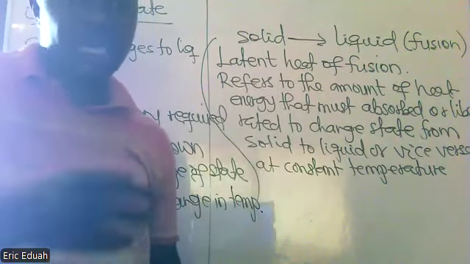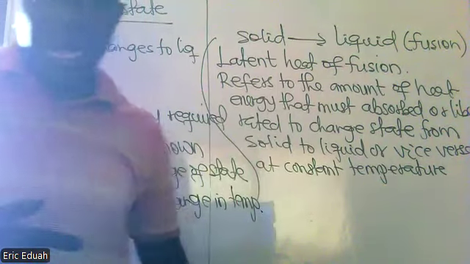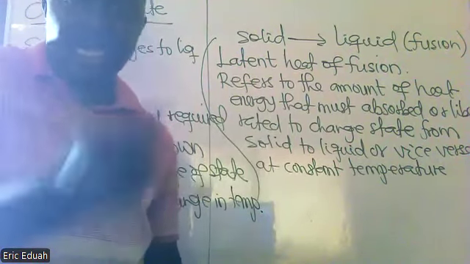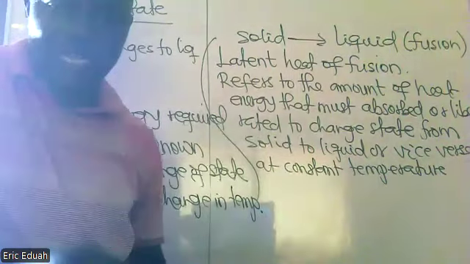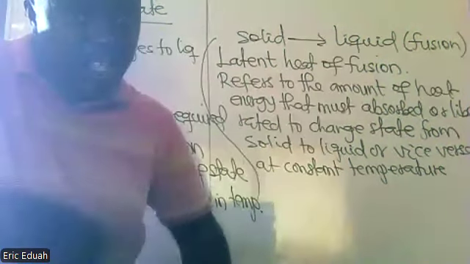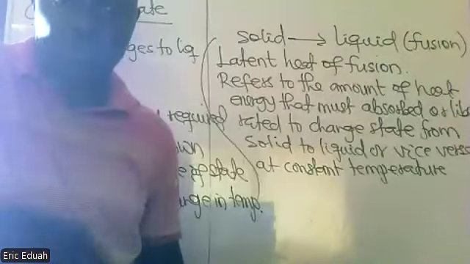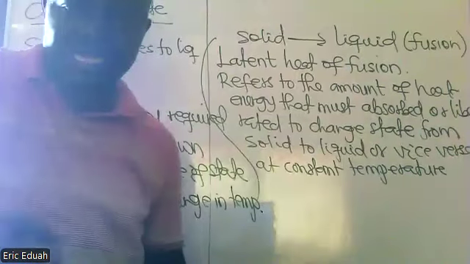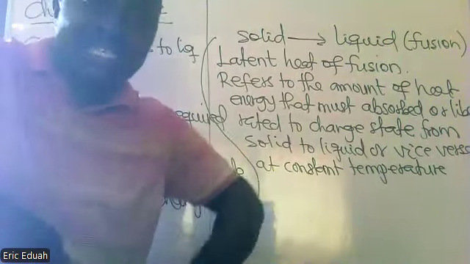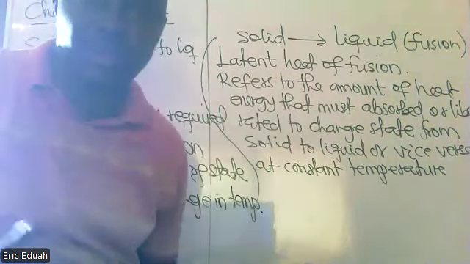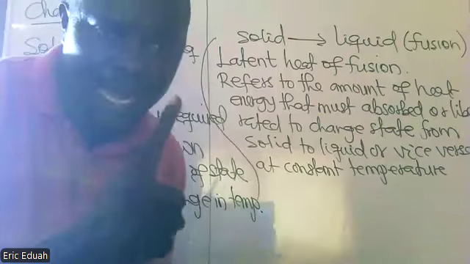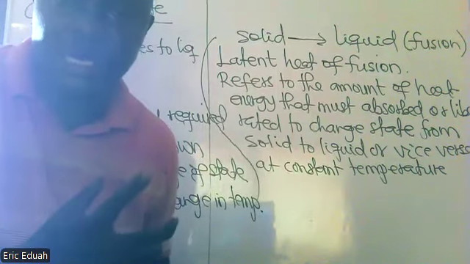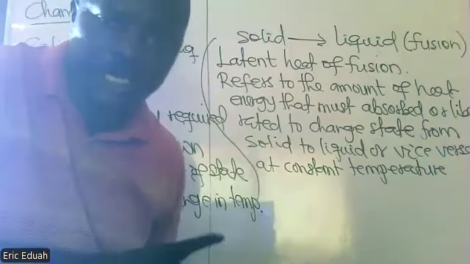Different materials require different amounts of heat energy to raise their temperature. Here too, different solids will require different amounts of heat to change state from solid to liquid. And so we don't look at the general mass of material, but we look at 1 kilogram mass of a material, and then the quantity of heat energy that is required to change state from solid to liquid.